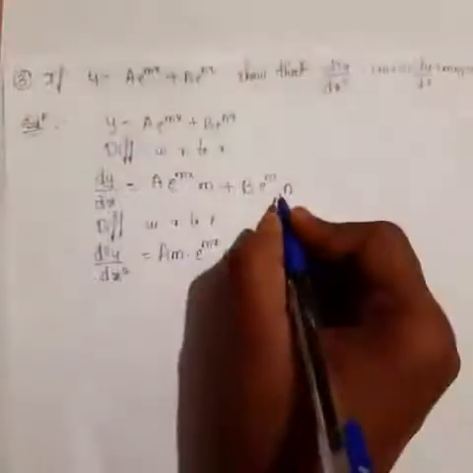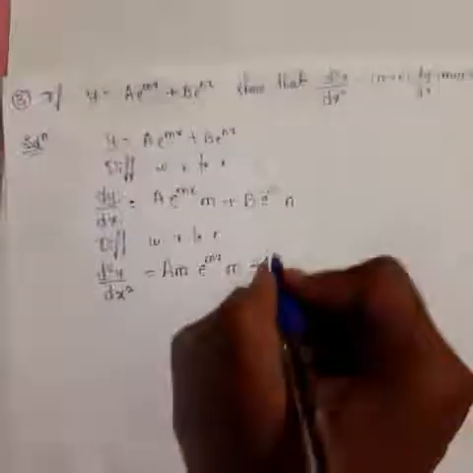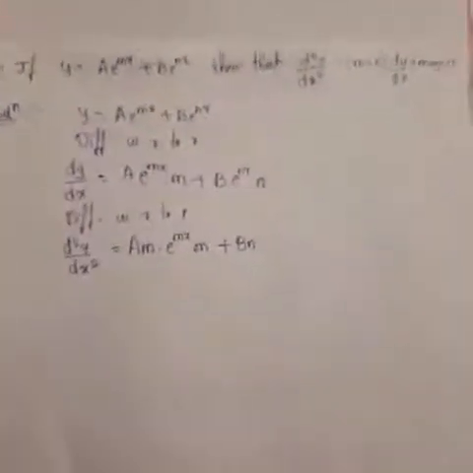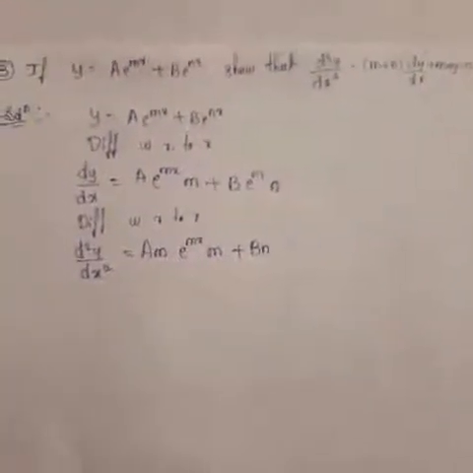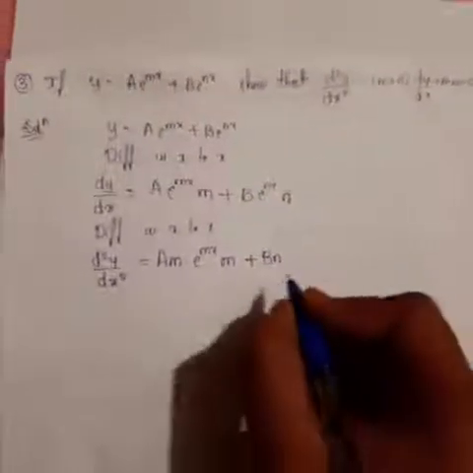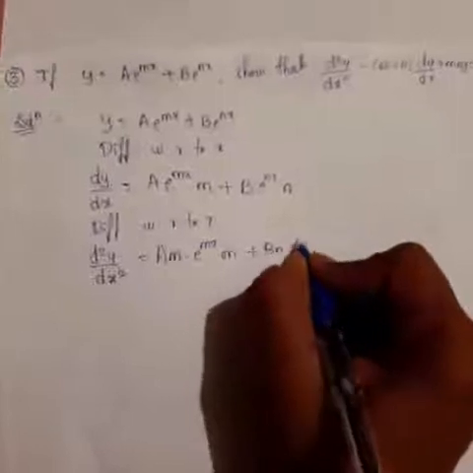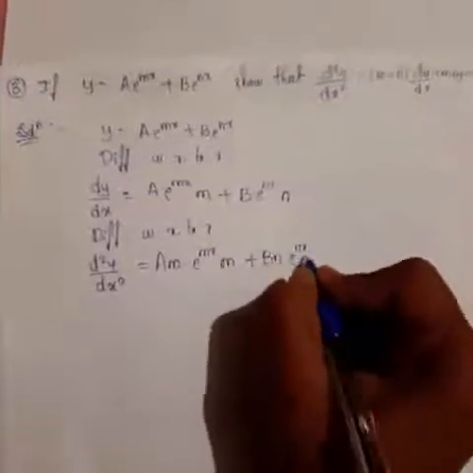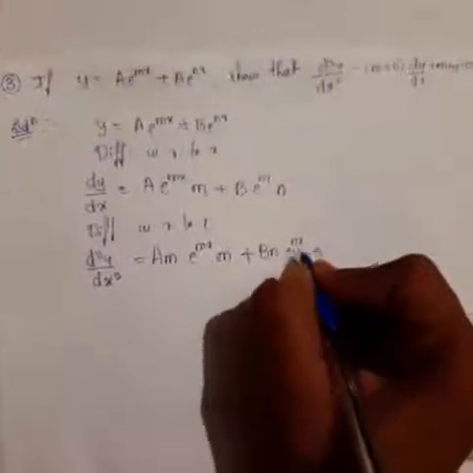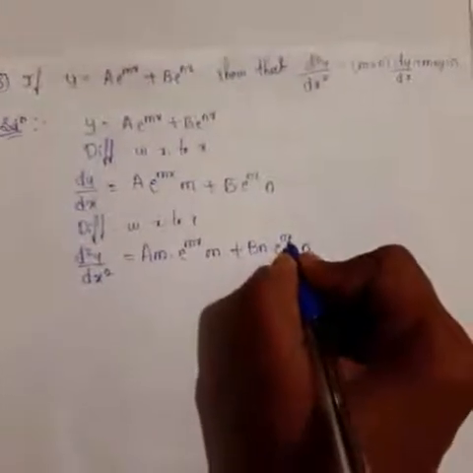These are all the implicit rule only. In the second term, B and small n are constants. First we write the constants as they are, then the function of x is only e raised to nx. The differentiation of e raised to nx is e raised to nx. The differentiation of nx is nothing but small n only, because n is constant and the differentiation of x is 1.